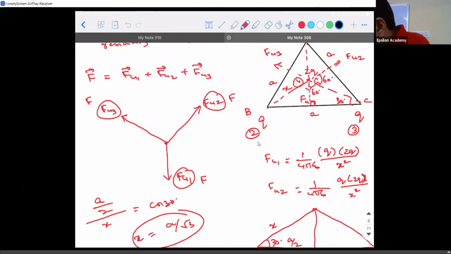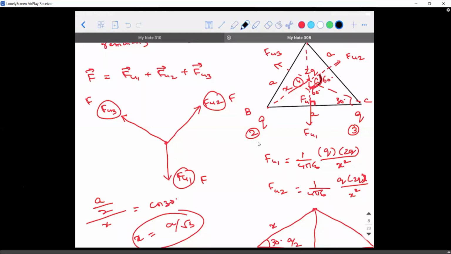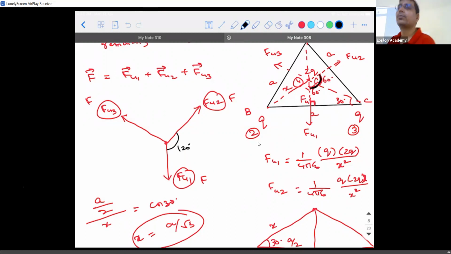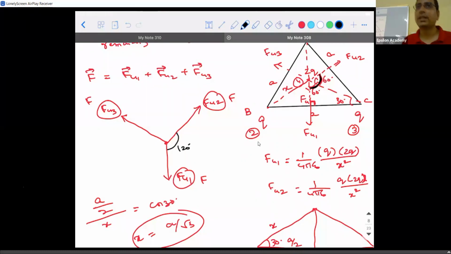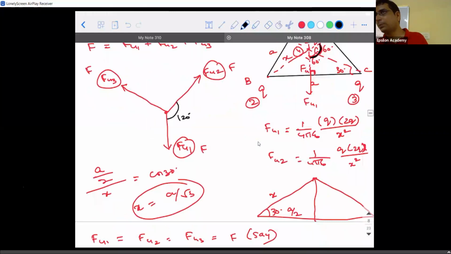So what is the angle between the forces F41 and F42? It is 120 degrees. Yes, all the angles will be 120, because 360 should be divided equally. So this is 120, but I'm trying to show the steps.